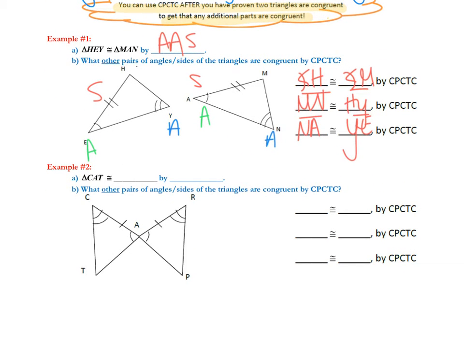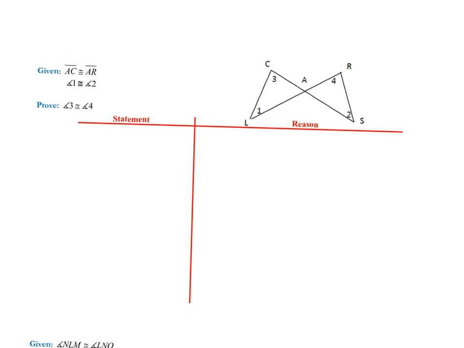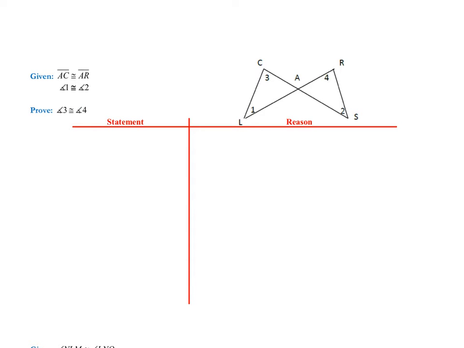Let's go on to the next page and start getting into the proofs. So as always, we start with our given. AC is congruent to AR and angle 1 is congruent to angle 2, and that's my given.